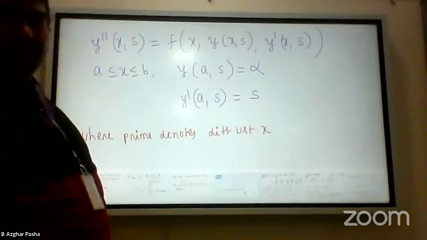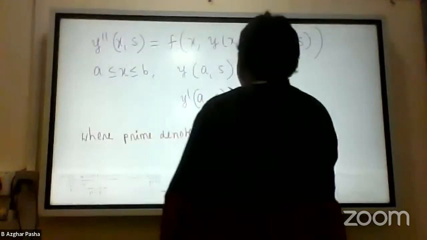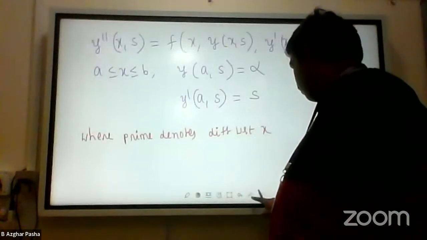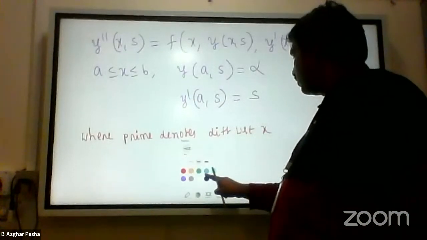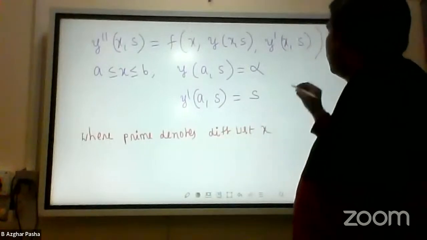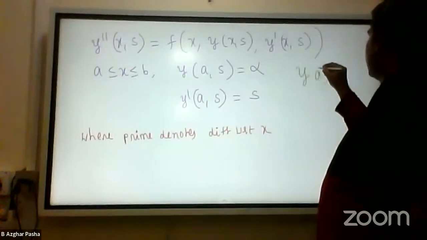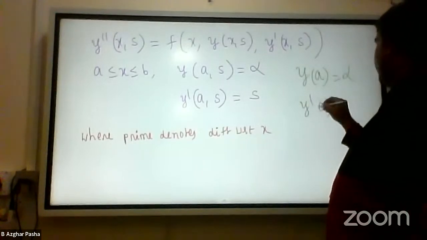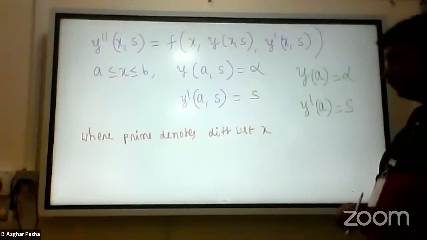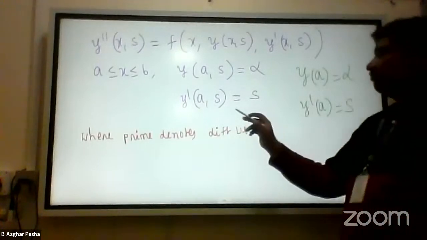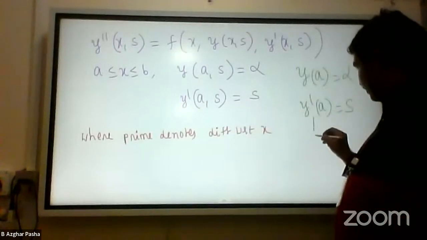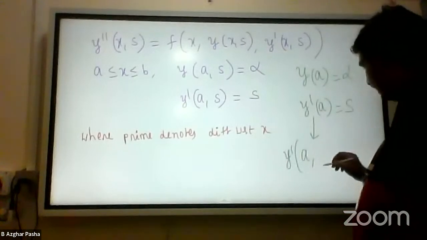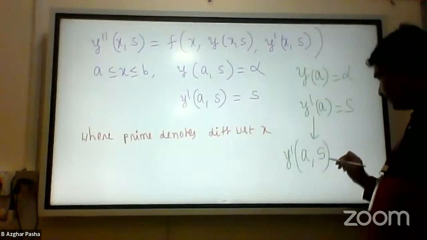And the condition, this is the initial condition given. y of a was alpha, and y dash of a, I am assuming it as some slope. So here I am rewriting this y dash of a as not only depends on x, it is a function of s.